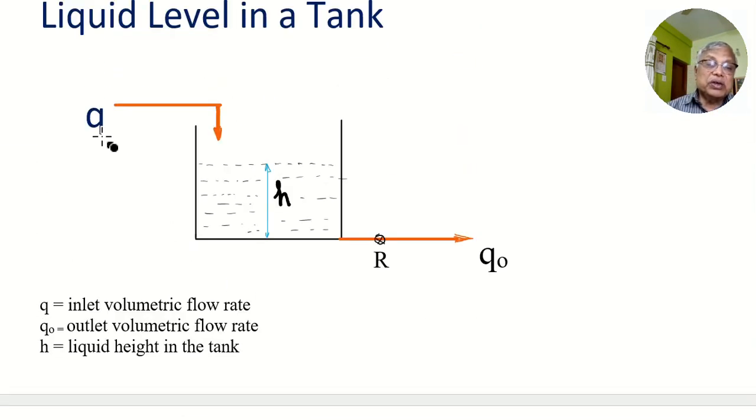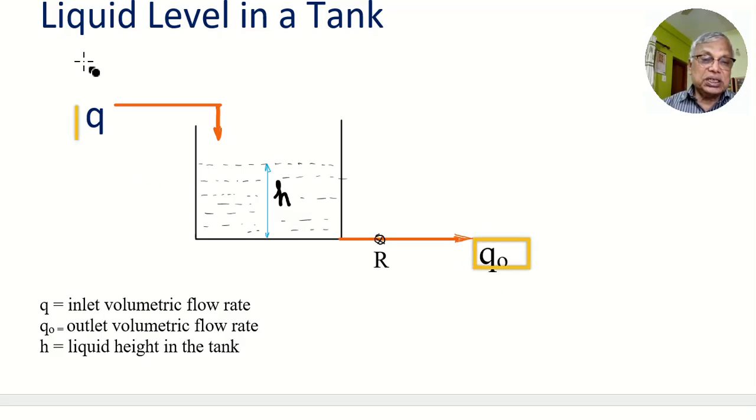Now when there is a disturbance in the inlet flow Q, what can happen? Number one, the height will change. If there is a change in Q, the height will change. Similarly, the outlet flow also can change.